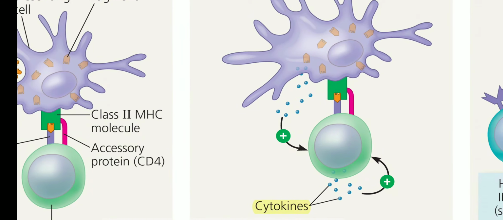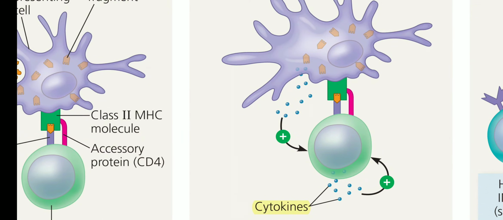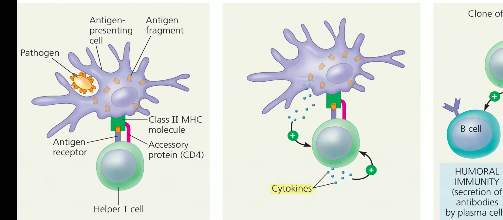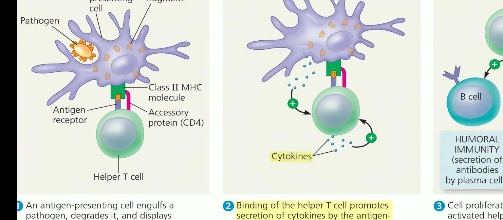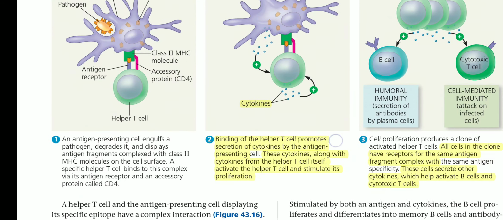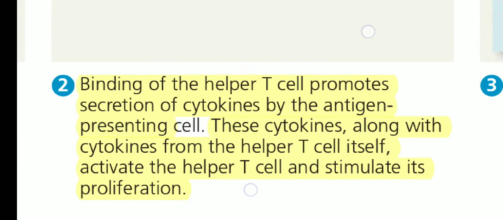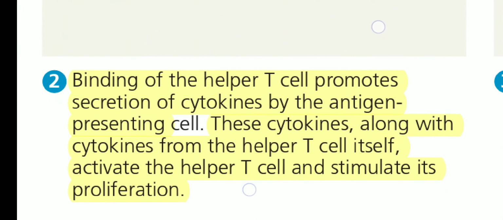So what does the helper T cell do and how? Okay, after binding, the cell which has taken this fragment will release some factors, and those factors help to proliferate the T cells. Here it's written: the binding of the helper T cell promotes the secretion of cytokines by the antigen presenting cells.